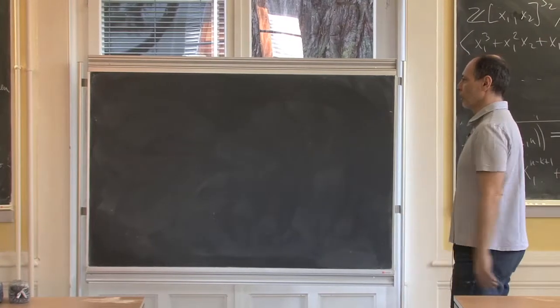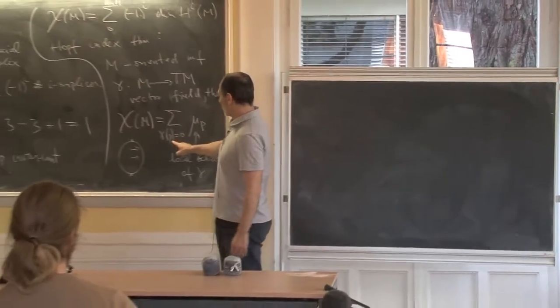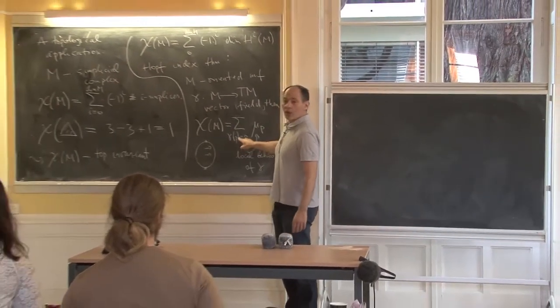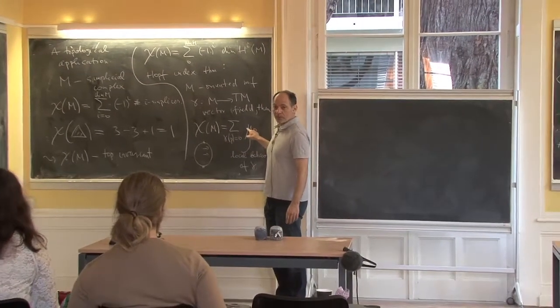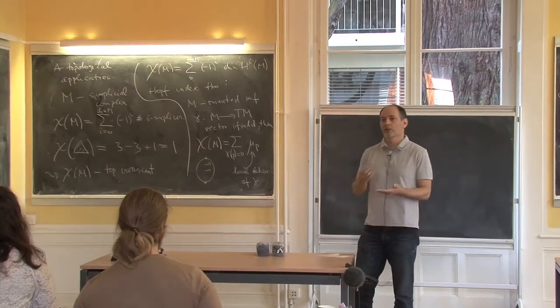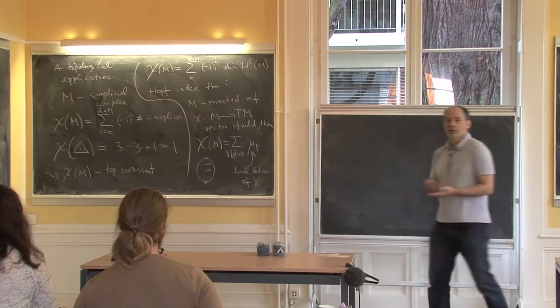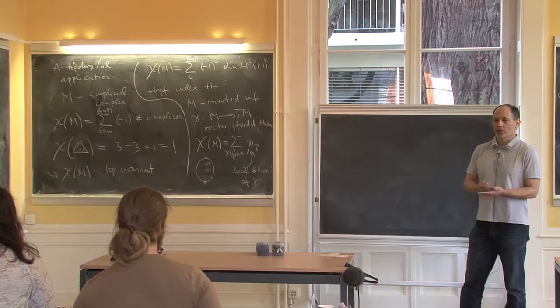But you see what's going on here, why this is important for us, because what we're looking at is the zeros of the tangent bundle. And of course, we know that the zeros of any bundle, the cycle of zeros, is given by the top Chern class, here of the tangent bundle.